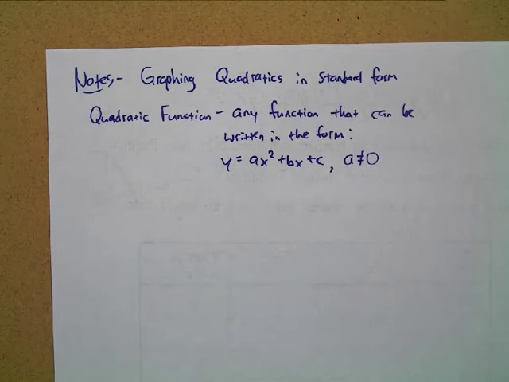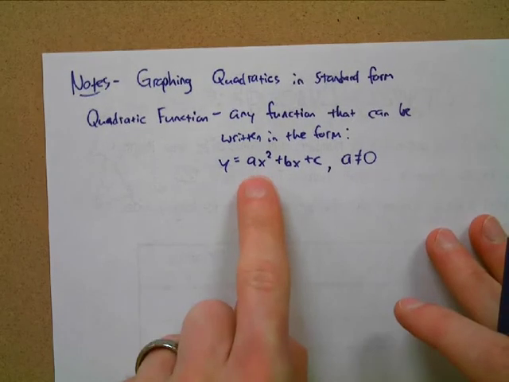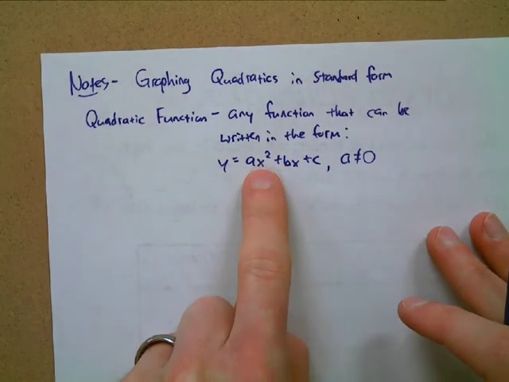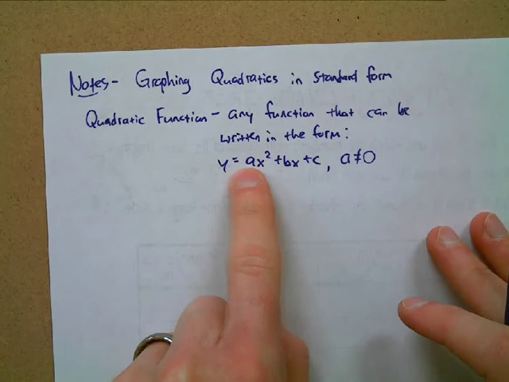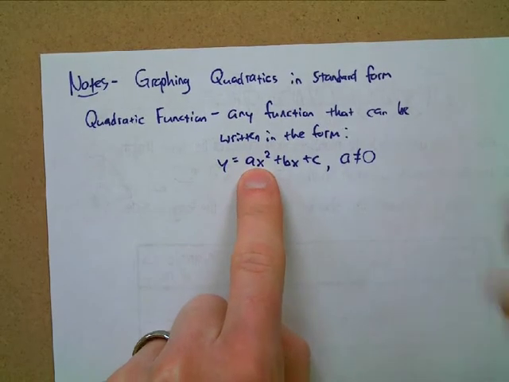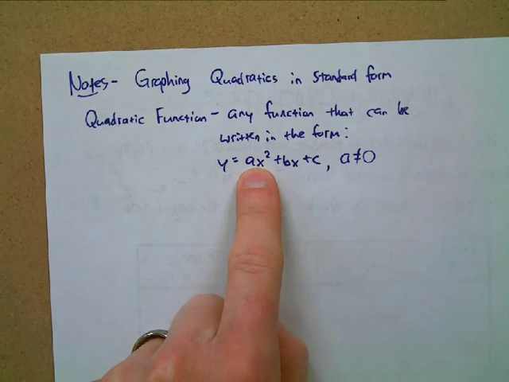Why is it important that we specify that a cannot be equal to 0 here? What would happen if a was 0? Our x squared term has the a as its coefficient, so if a was 0, it would be 0 times x squared. What would happen to the x squared term? It would go away. And then what kind of function will we have?